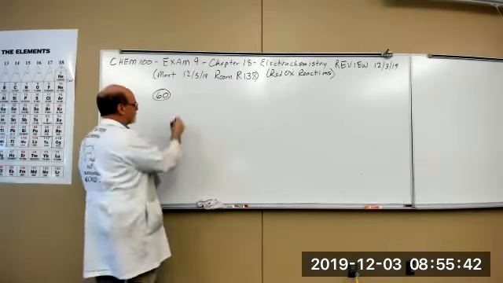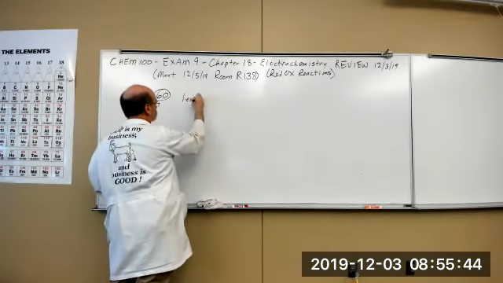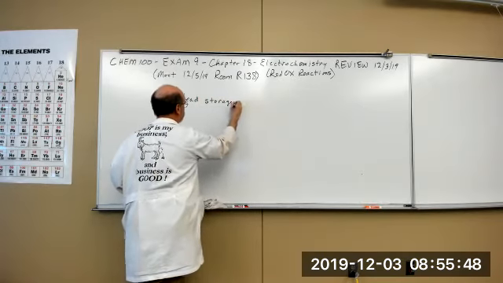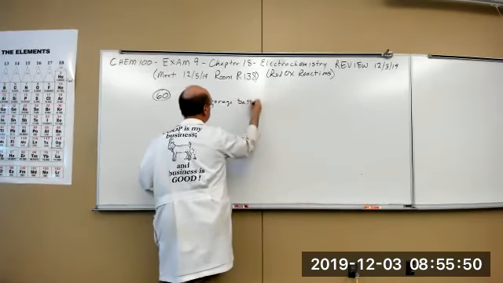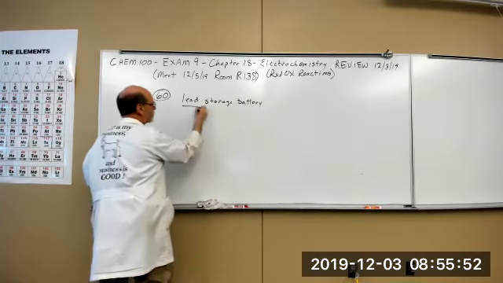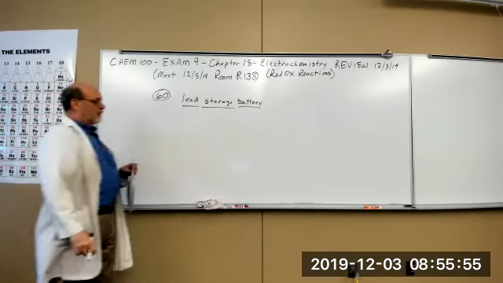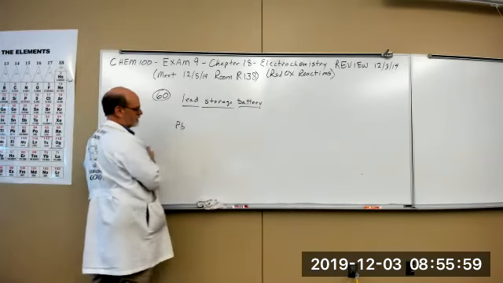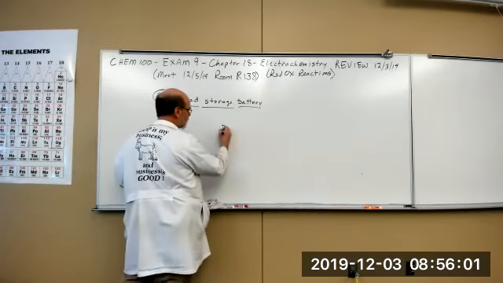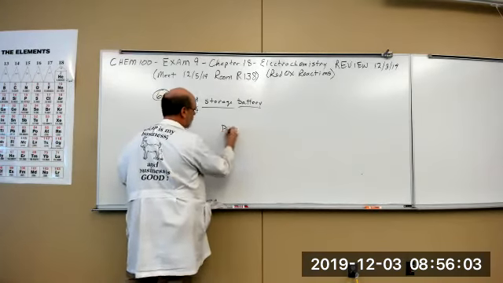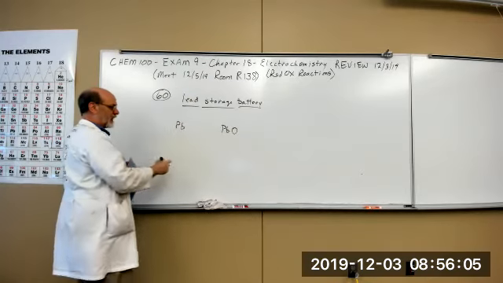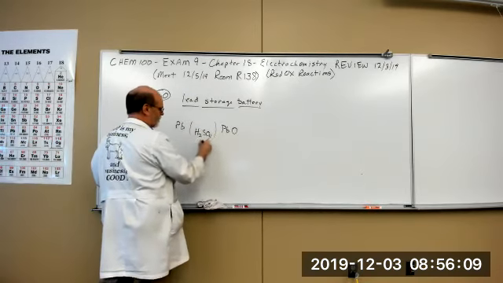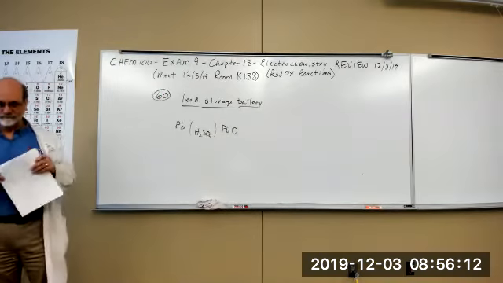What's the electrolyte in a lead storage battery? You remember that? One plate is made out of lead. The other plate is made out of lead oxide. And in between them is sulfuric acid.